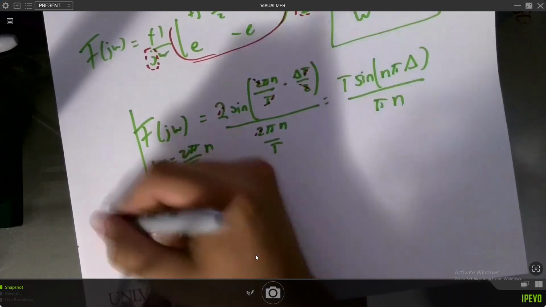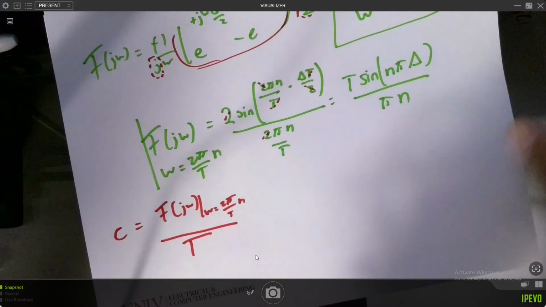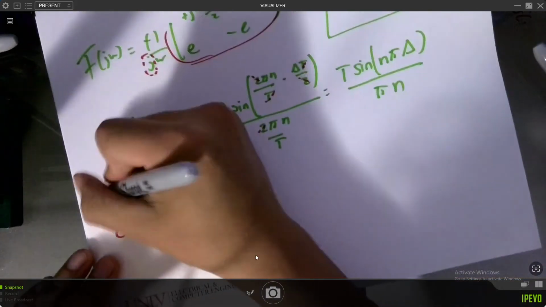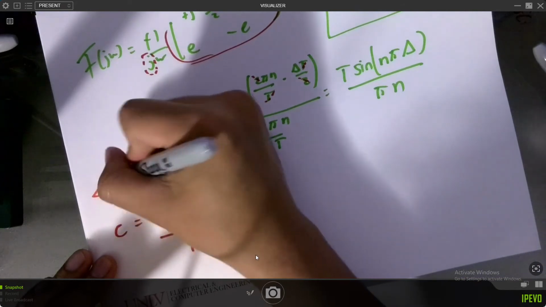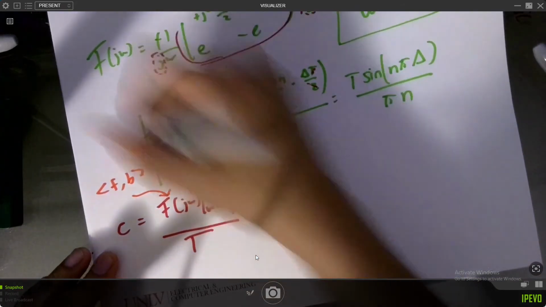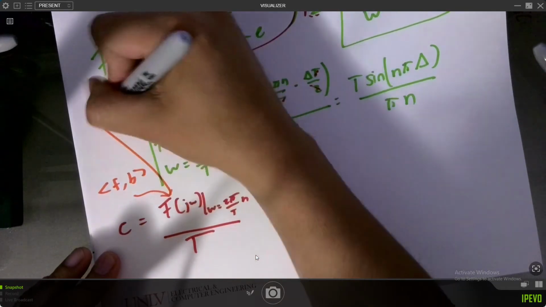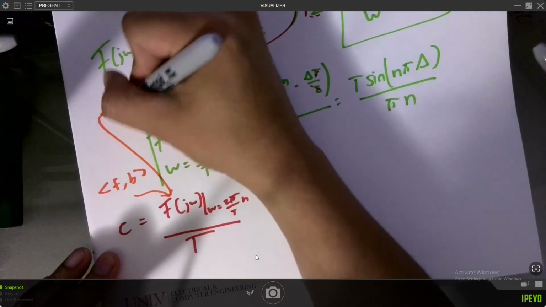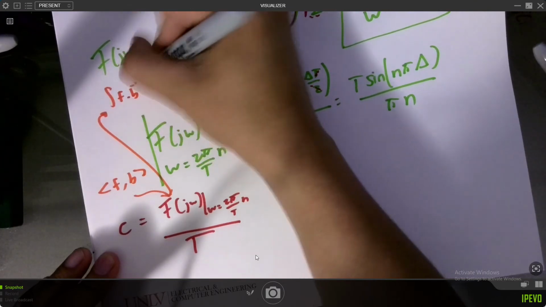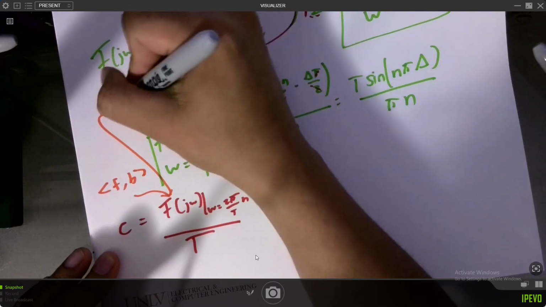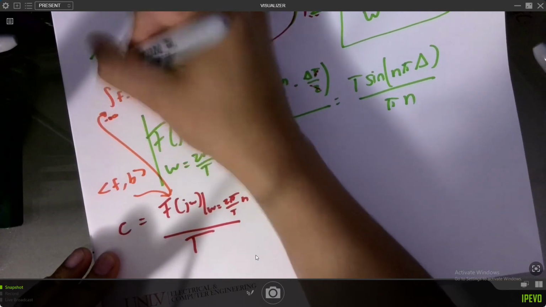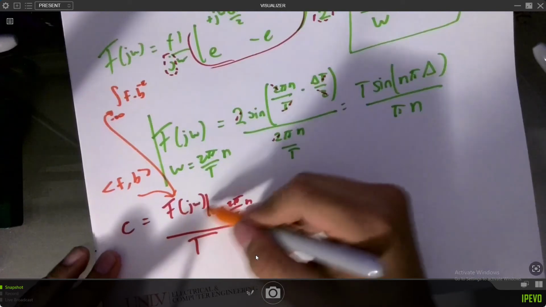This is our f and our basis function. If you don't remember, this Fourier transform used to look like the integral of f times your basis, which is e to the minus j omega t or something like that.